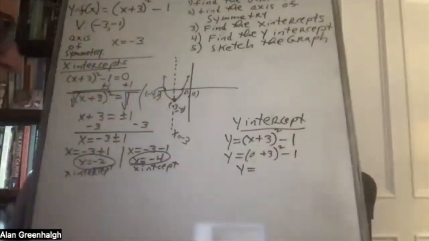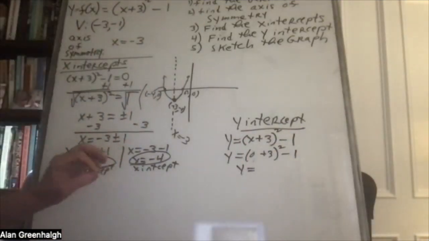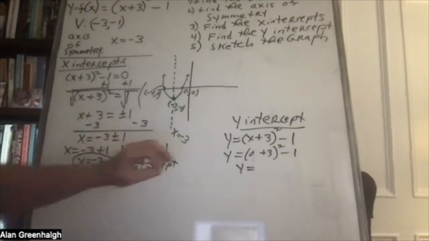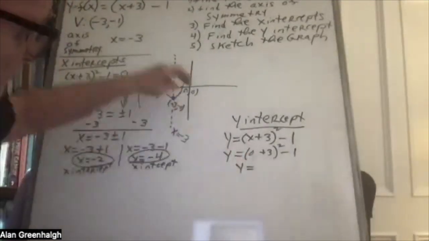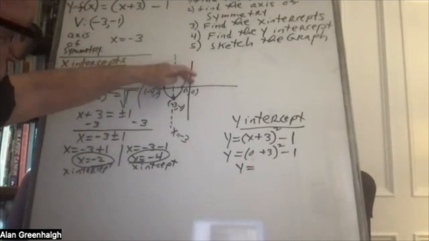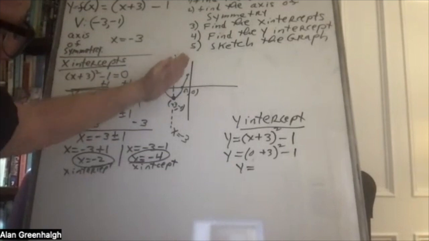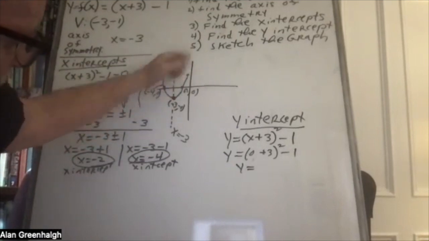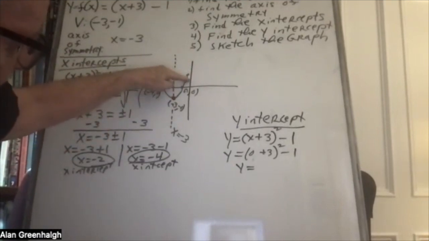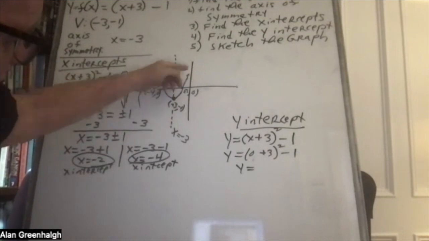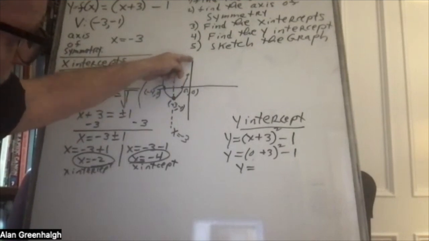Forgot to square. I realized it wasn't going to work, because if the y-intercept was 3, that's too far down. It's got to be higher because look at this graph go up. It can't possibly hit at 3. It's got to hit up here, in my opinion.